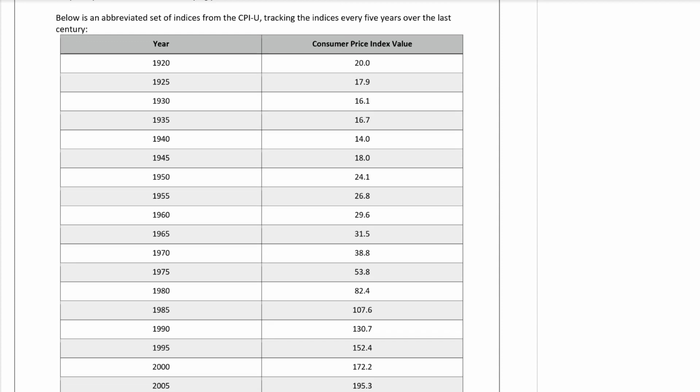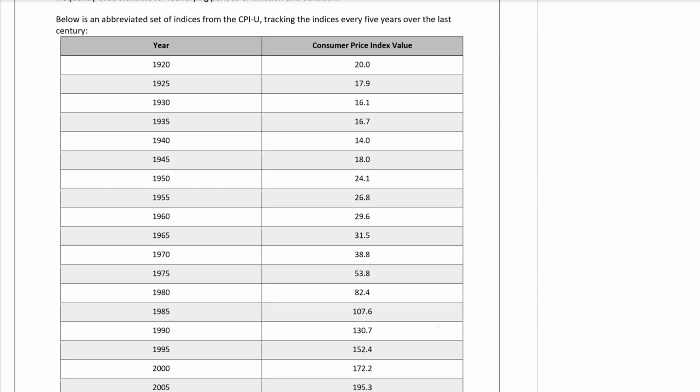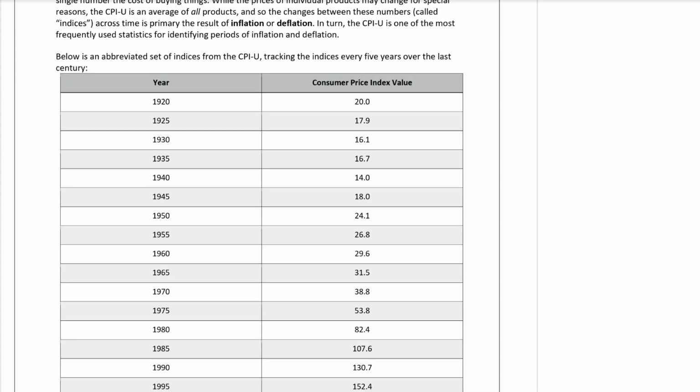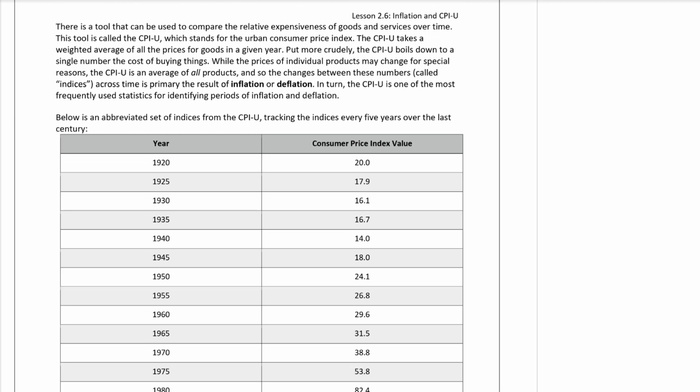So here's the chart. It goes by 5 years all the way to 2015, and it gives you an index. We want to understand what that index means, but what this description tells us is that it's the average of the prices of goods in a given year. Sometimes you can think of it as the cost of a basket of goods. That basket includes rent, food, transportation, personal items, everything goes in that basket.